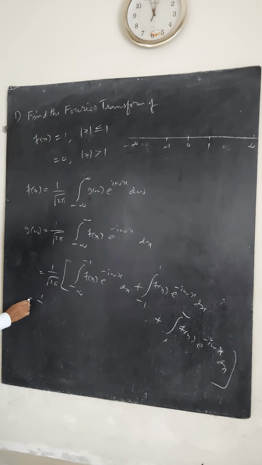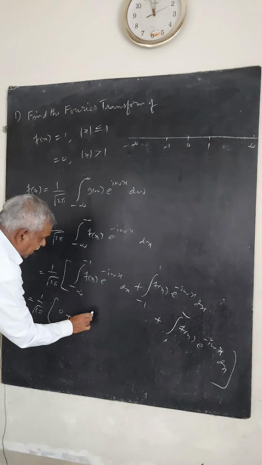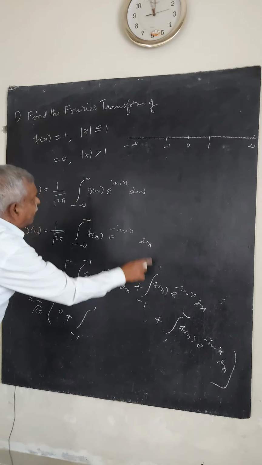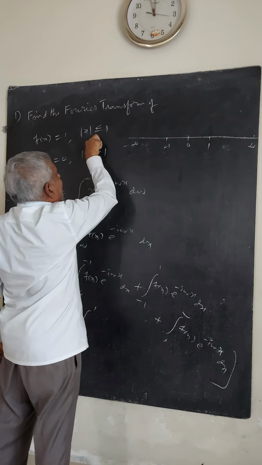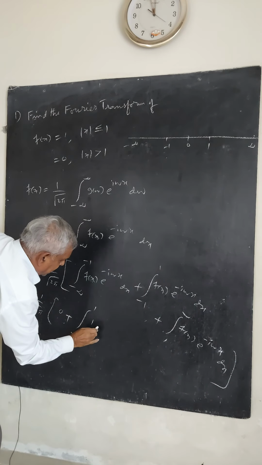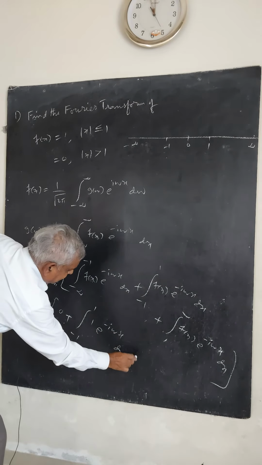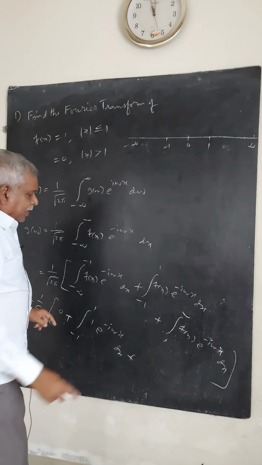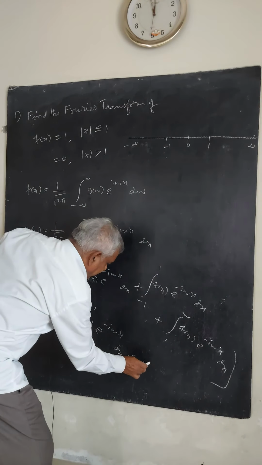Therefore, 1 by root of 2 pi. This is 0 because from minus infinity to minus 1, f of x is 0. Into minus 1 to 1, where f of x is 1. In this limit, f of x is 1. Therefore, 1 times e power minus i omega x dx, plus the 1 to infinity part, which is 0.